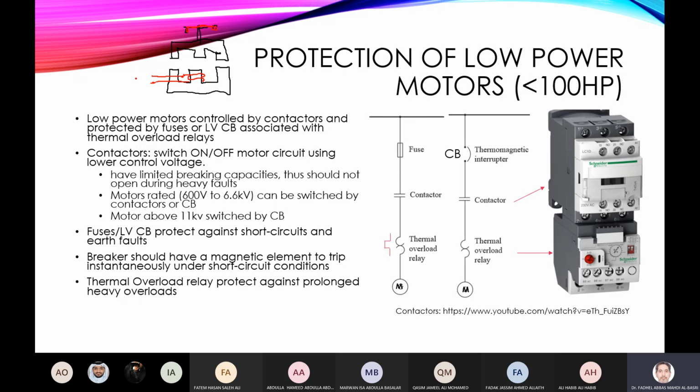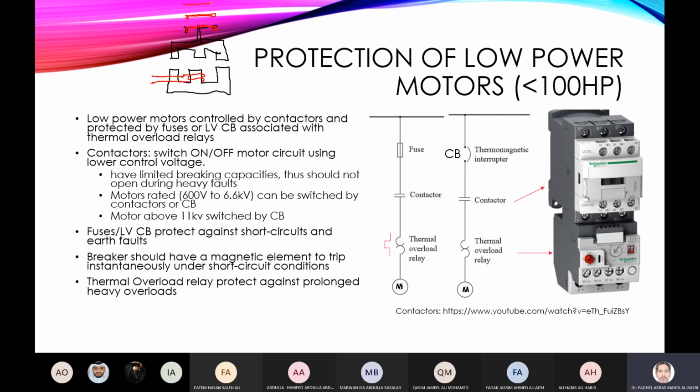So this is the control voltage to switch on or switch off contactors. The contactor has several contacts on the top, which move up and down with the upper one.